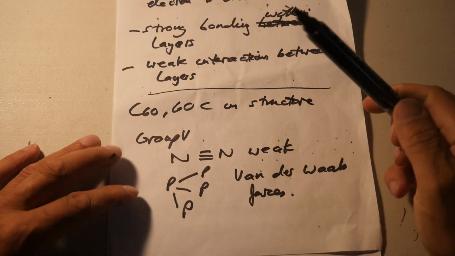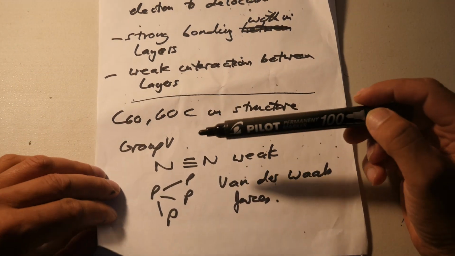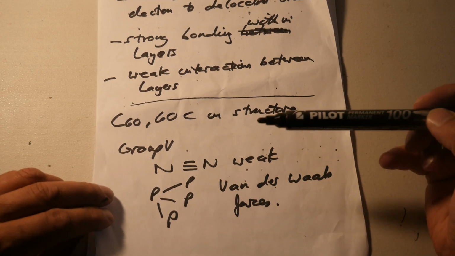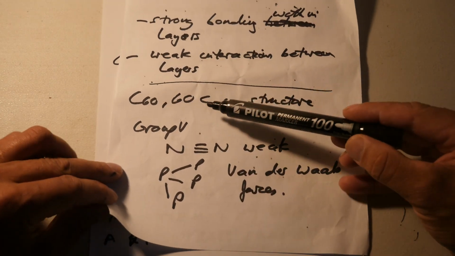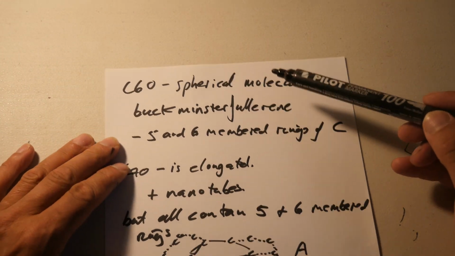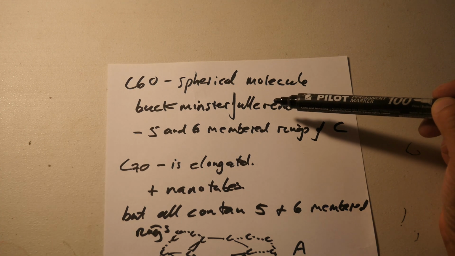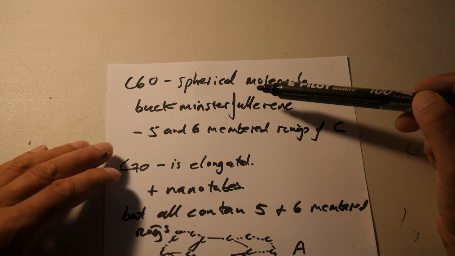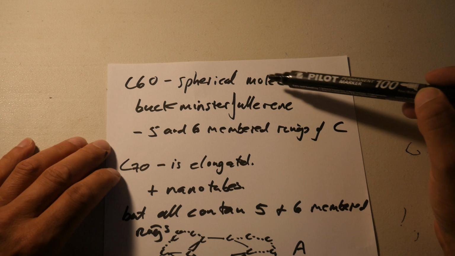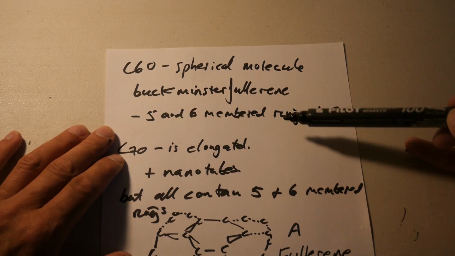And there's something called carbon 60, which is a spherical molecule called Buckminsterfullerene, discovered in 1985 by Harry Kroto. It's football-shaped with lots of 5- and 6-membered rings.